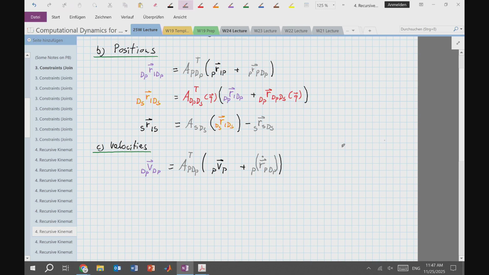I have here my point B, here's my point dp, and if the body rotates, this point gets a velocity. That is the relative velocity between these two points. But whenever I write down a physical derivative and express it in coordinates, I have to make sure I keep meaning the physical derivative, because what I just wrote down was the notation for a numerical derivative. Please keep that in mind.